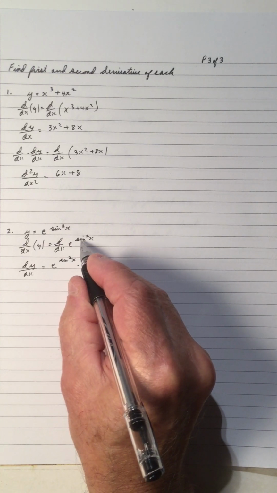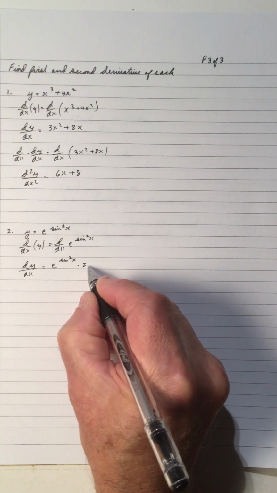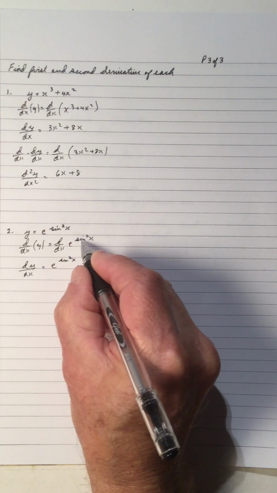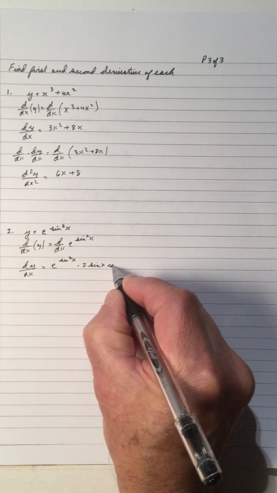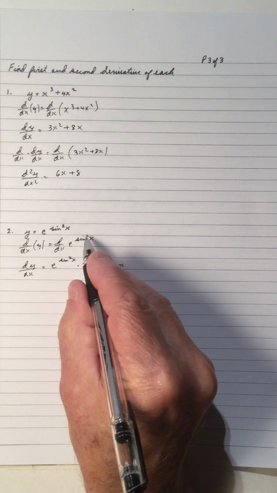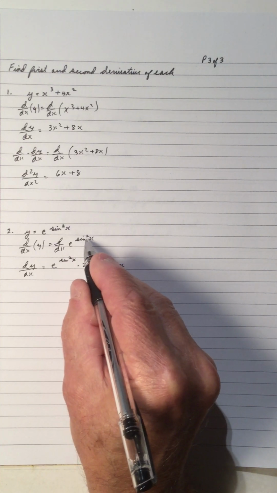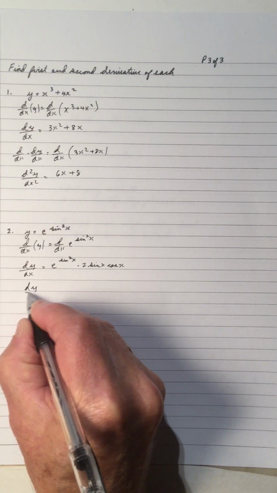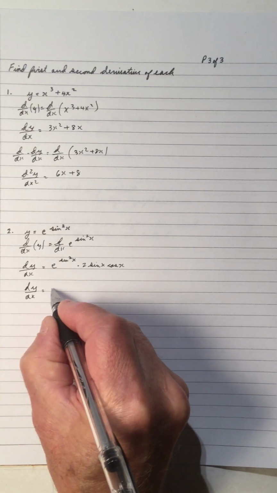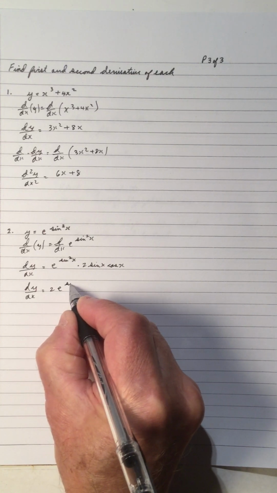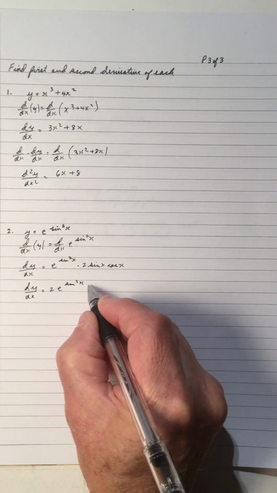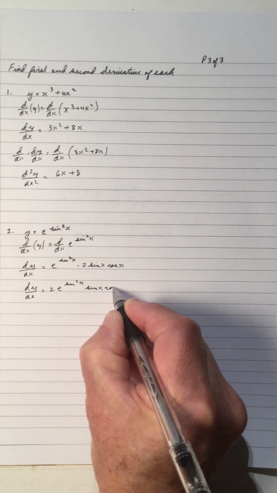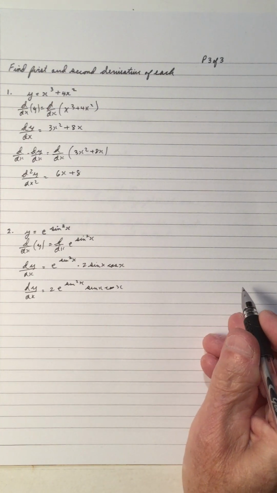The derivative of sine squared x is 2 sine x to the power of 1, and then the derivative of sine is cos, so we do a chain rule twice: a derivative rule on the power, and a derivative rule on the sine x. That gives us dy/dx is 2e to the sine squared x, sine x cos x.